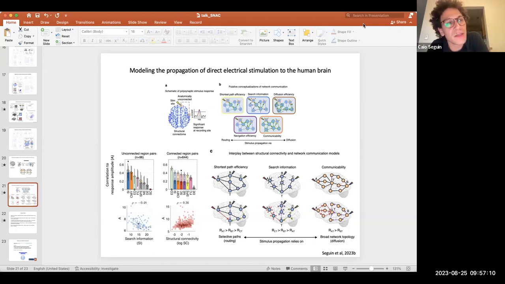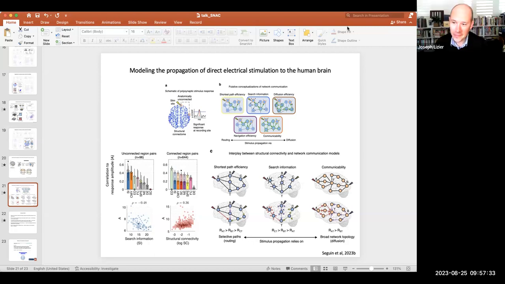Yeah, it does. It's interesting because lately I've been thinking in the opposite way, because what I struggle to realize is how I could do your suggestion. Let's say I want to find out which measure is better at predicting the propagation of a stimulus, a pulse in this case.